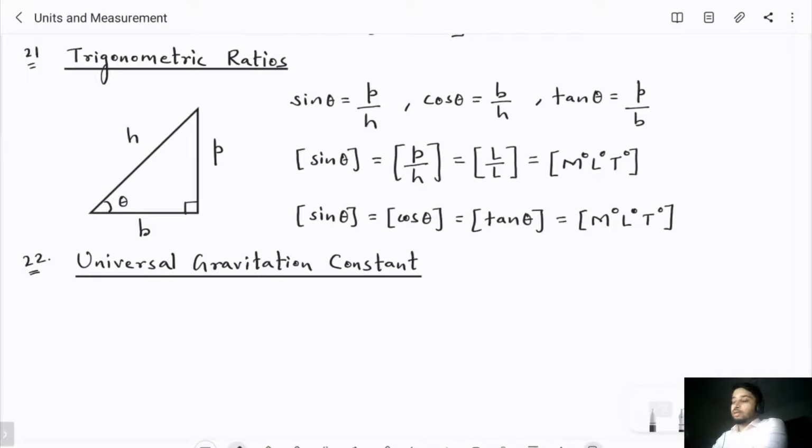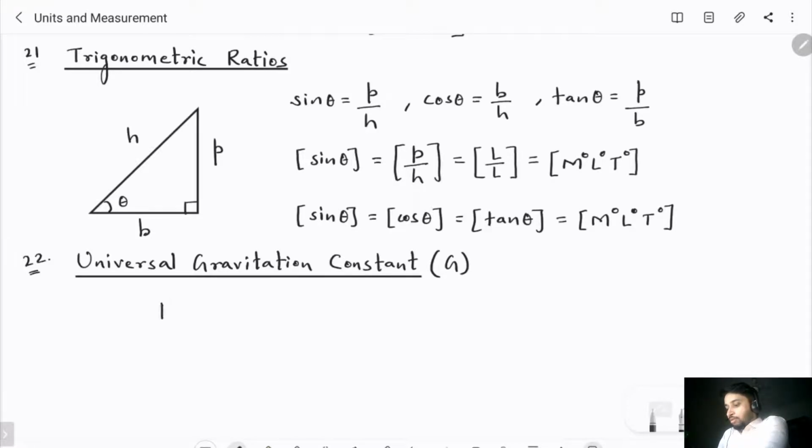So when we don't have any direct formula for a physical quantity, we need to think in which formula or in which expression that particular physical quantity comes. The universal gravitation constant, which is represented by capital G, comes in the formula for gravitation force.